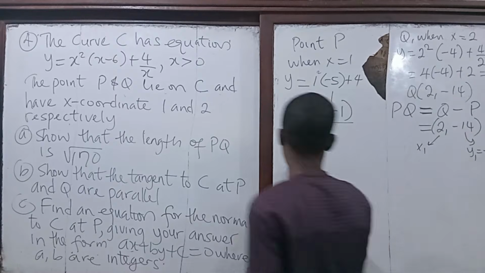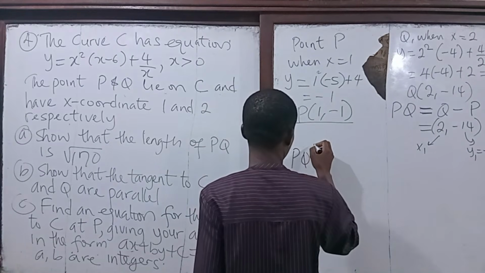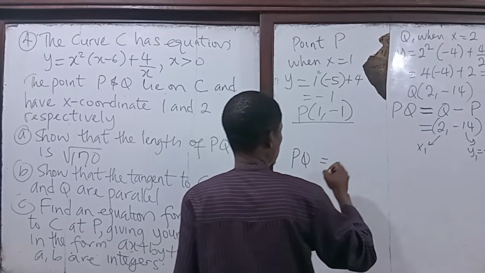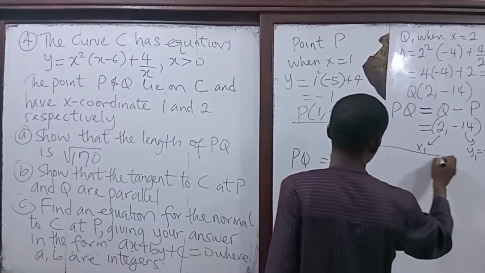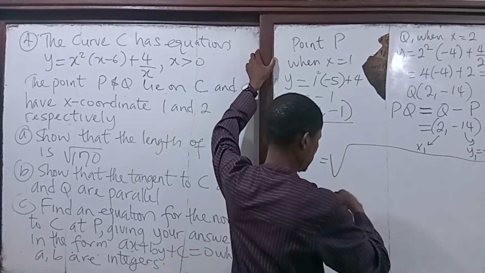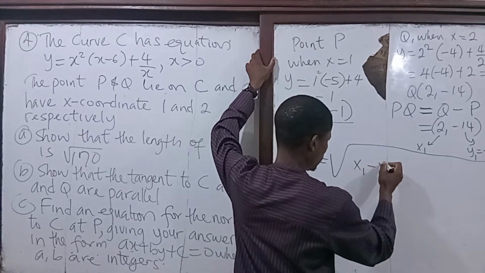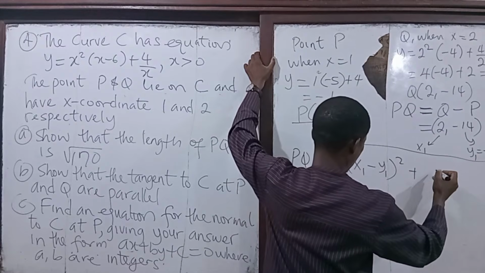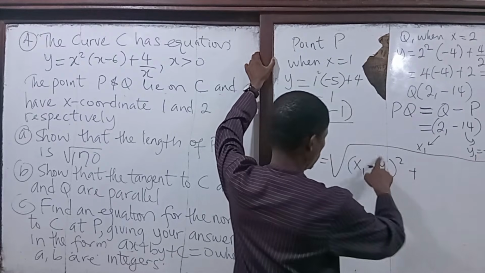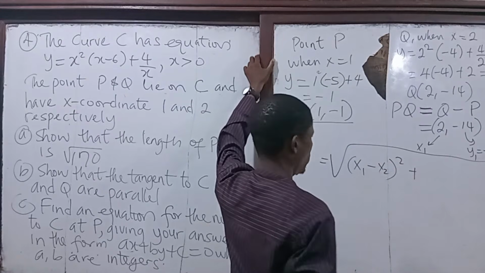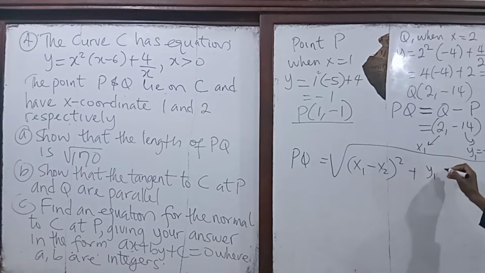So we can use the formula. This is the formula to use for length PQ. Length PQ will be equal to the square root of (x1 minus x2) squared plus (y1 minus y2) squared.